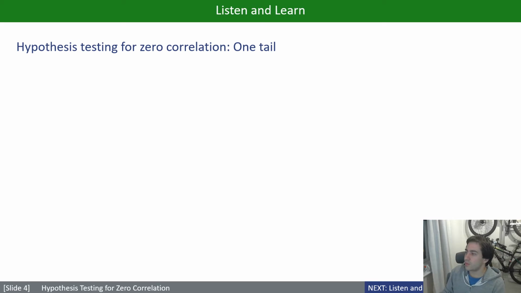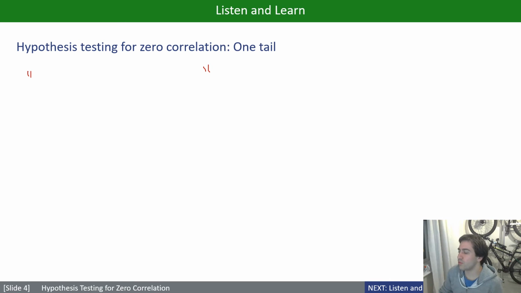Okay, so much like with normal distribution hypothesis testing, you still have this concept of one tail and two tail, and which one it is depends on how the hypothesis, or what you want to check, is phrased.